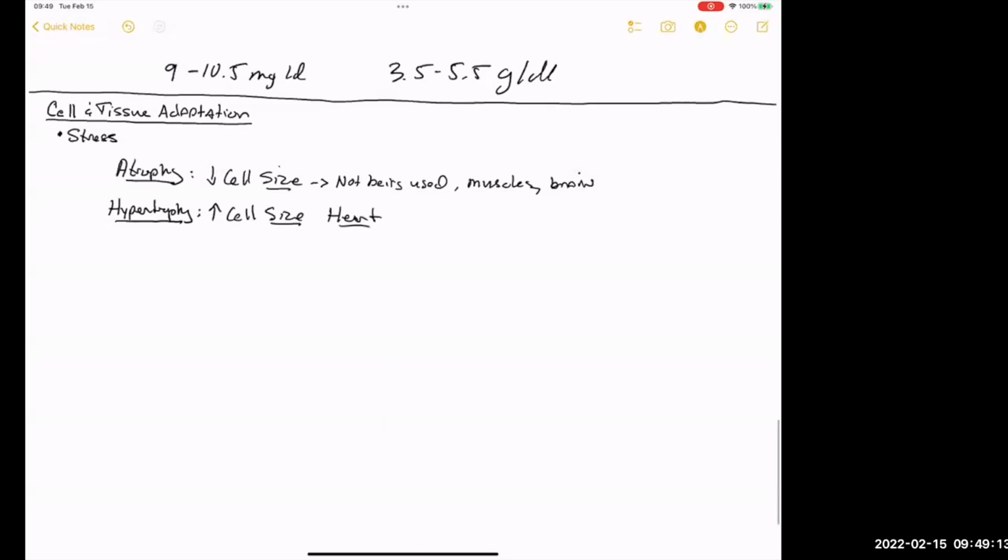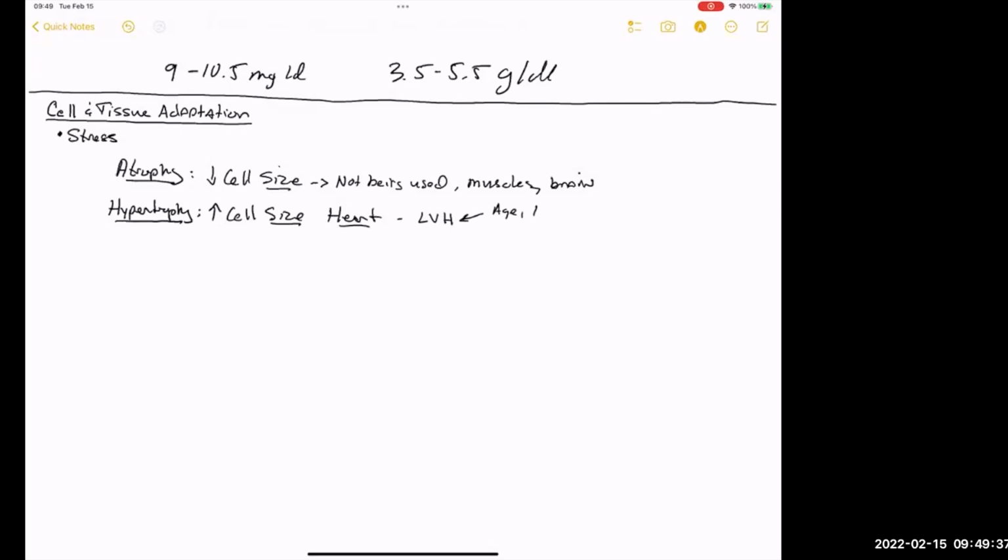We also see this with the heart. And when the heart is put under stress, you can actually have an enlargement of the heart. And a common issue that we see is something called LVH, or left ventricular hypertrophy, where the left ventricle of the heart enlarges. And this is common in people as they age.